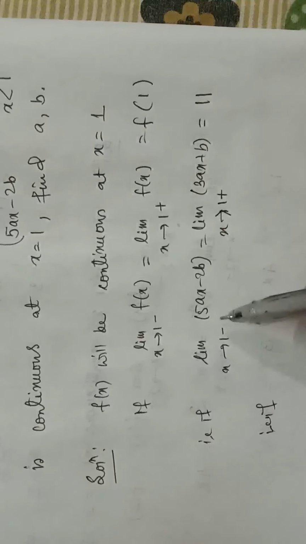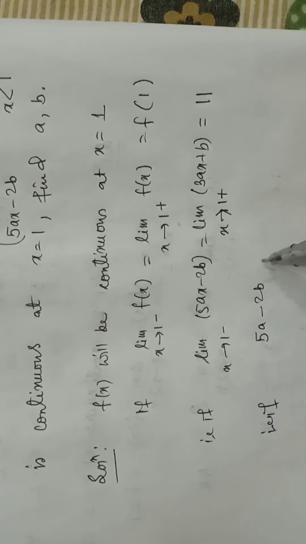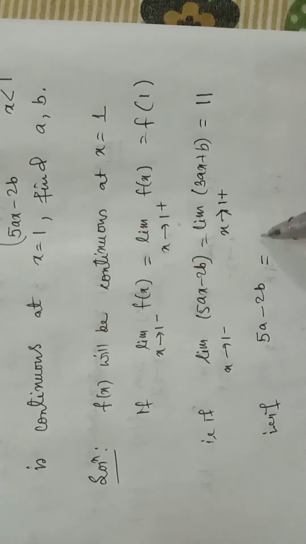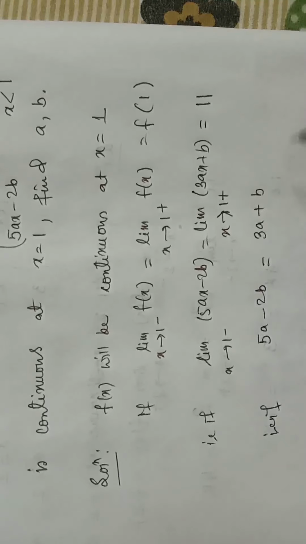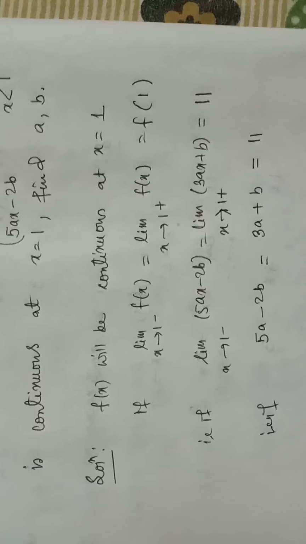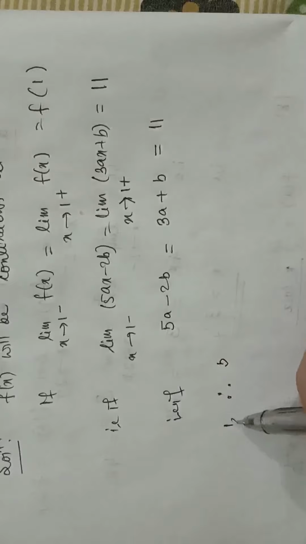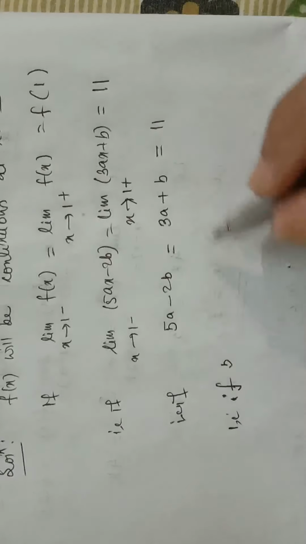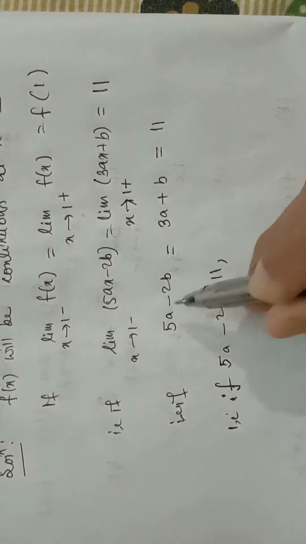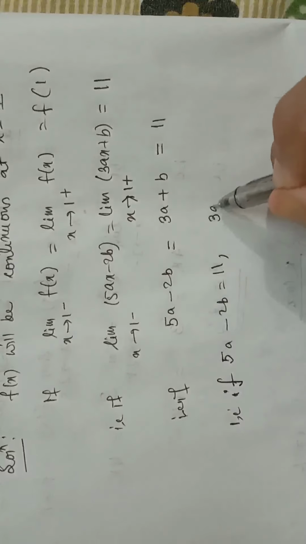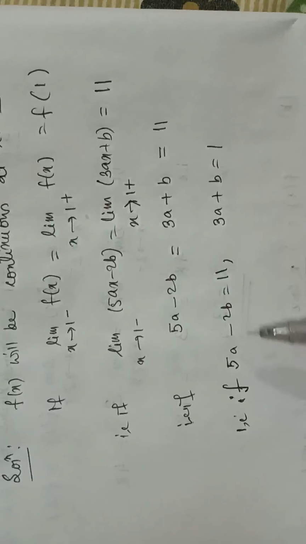If we put x equal to 1 here, we will get 5a minus 2b. If we put x equal to 1 here, we will get 3a plus b. This is the left hand limit, this is the right hand limit, equal to 11. Therefore 5a minus 2b equal to 11, and 3a plus b equal to 11. Now we have to solve for a and b.